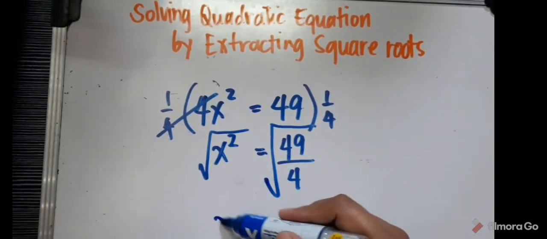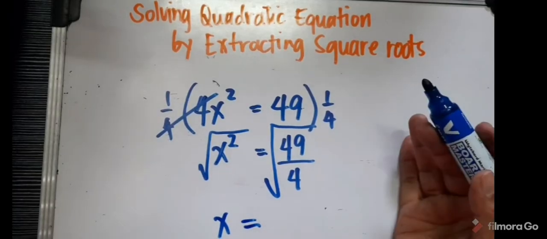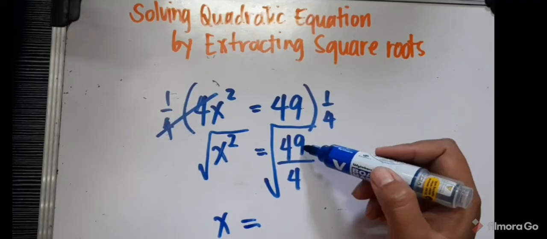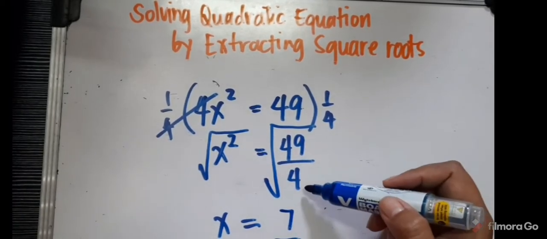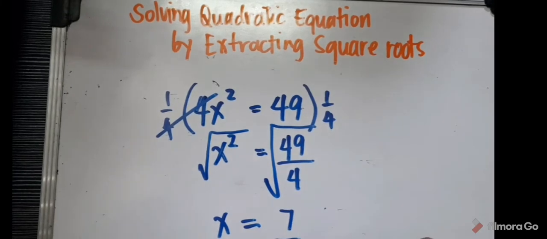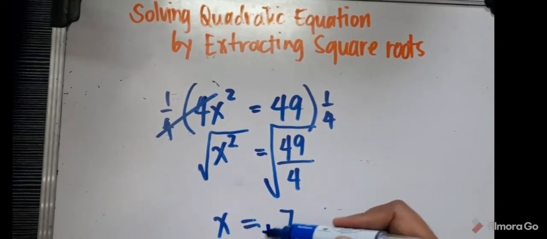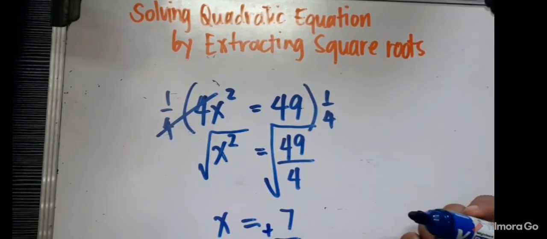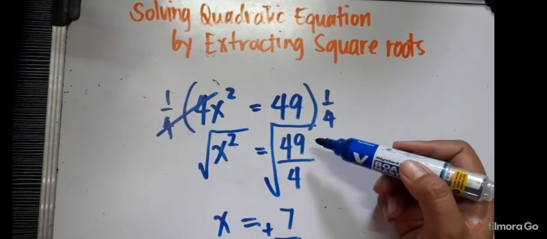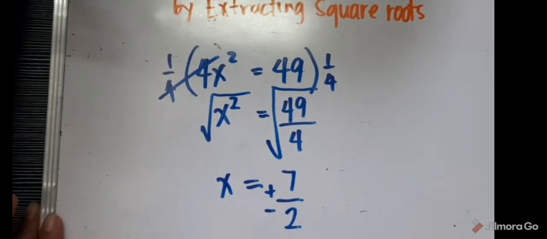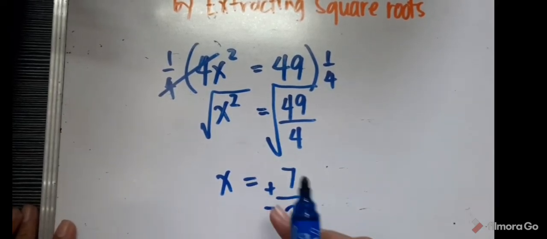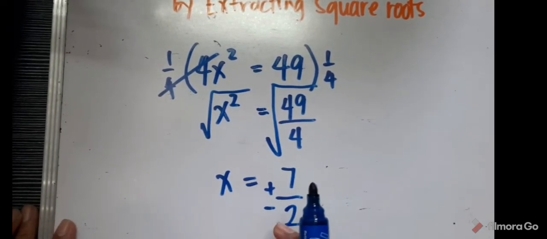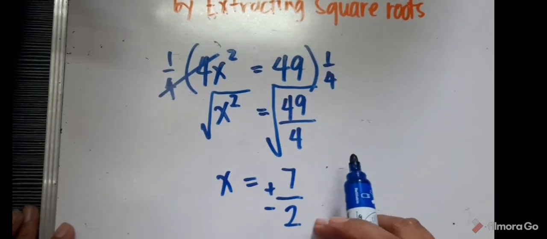Square root of x squared is x. And then on the other side, we have the square root of 49 is 7 over the square root of 4 is 2. So now we have positive and negative, the square root of 49 over 4, and so our answer is positive and negative 7/2.